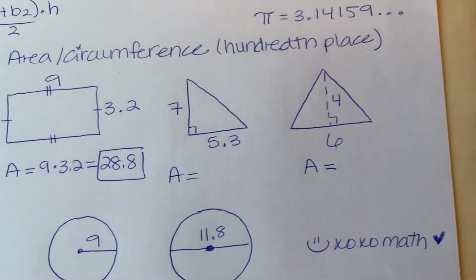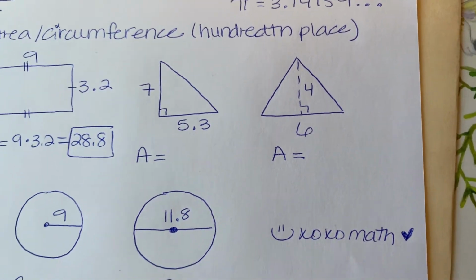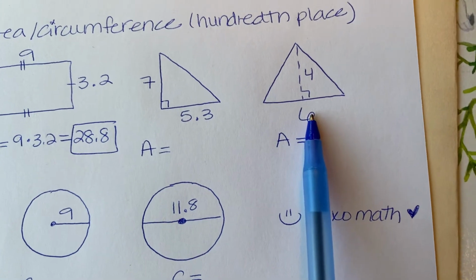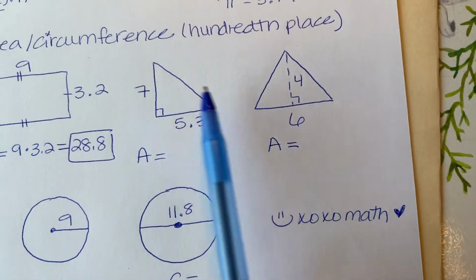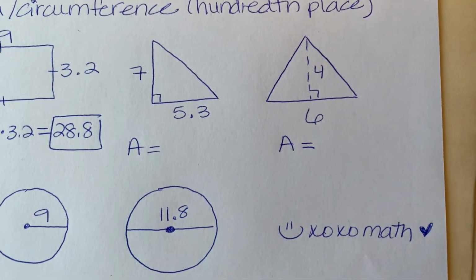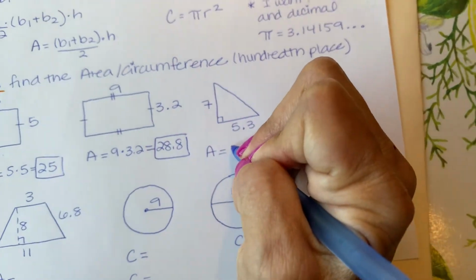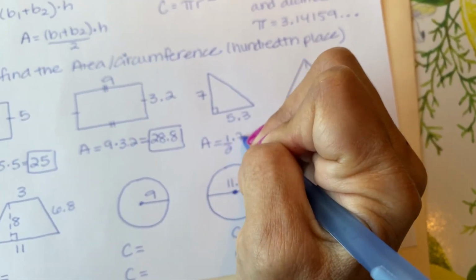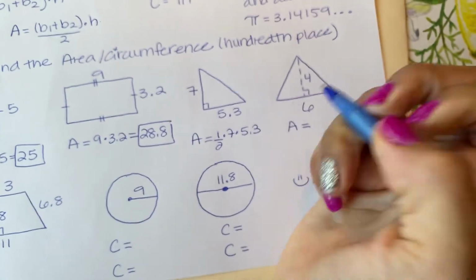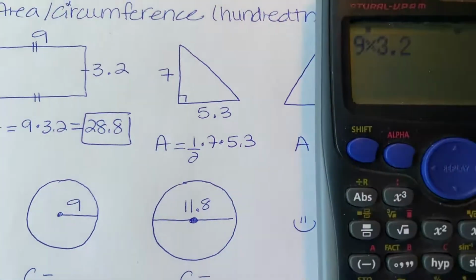Okay, here we go. Here are our two triangles, right? Either the right triangle or the non-right triangle, doesn't matter. Base times height, divided by 2. So it's up to you if you want to write 1/2 times 7 times 5.3. What you see is what you type in the calculator.